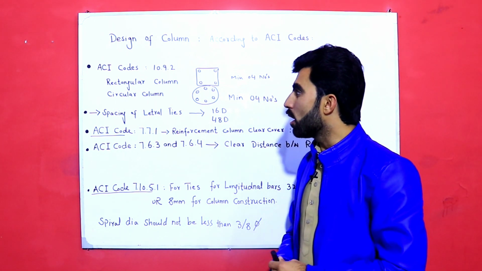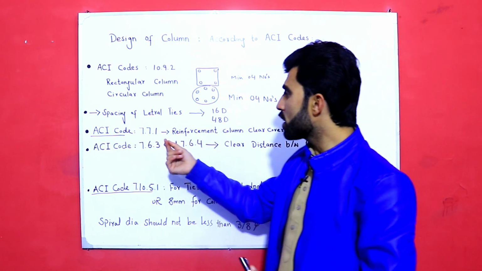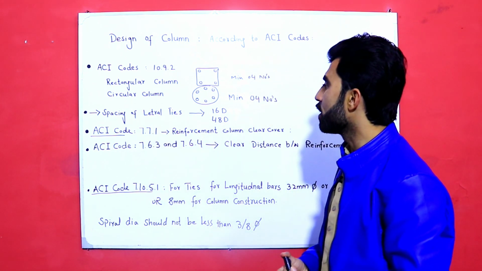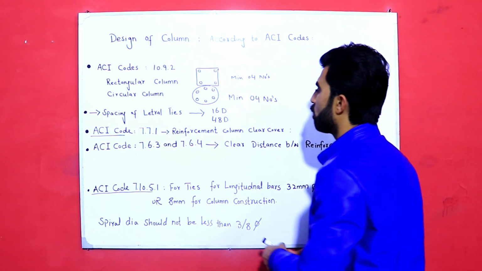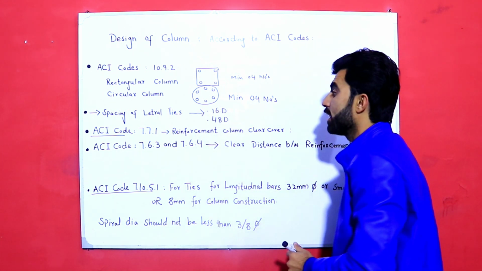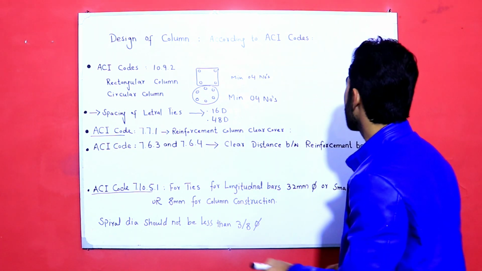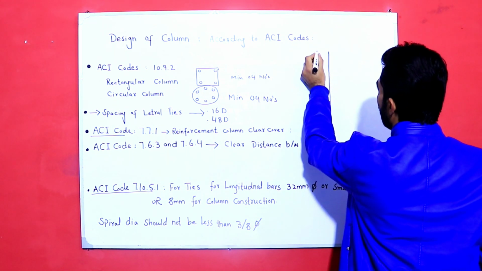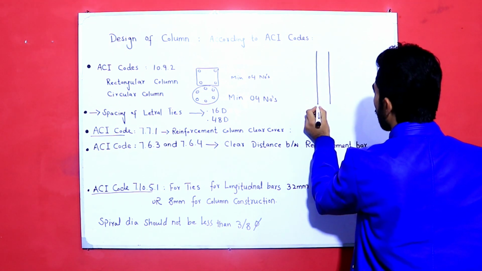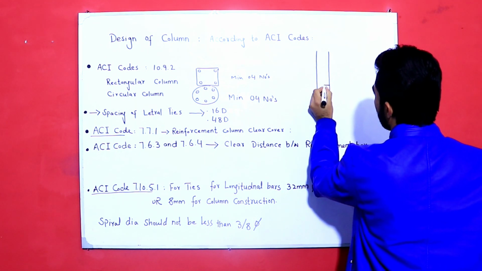The next one in ACI Code is the spacing of lateral ties. Here, guys, you can see 2 points: the first is 16D and the second is 48D. As you can see, these are longitudinal bars in an RCC column, and these are called lateral ties.